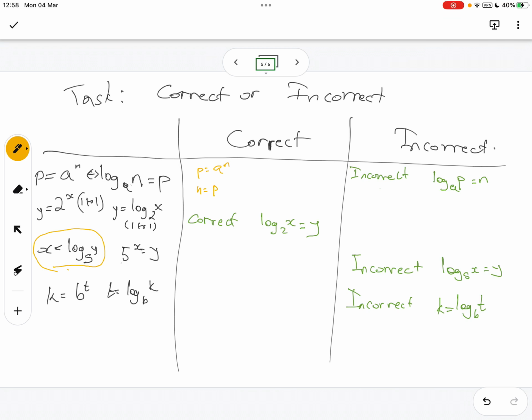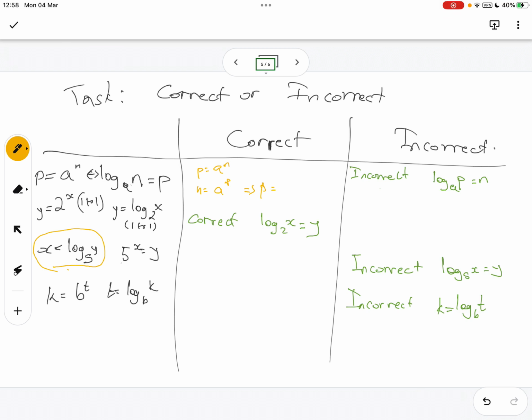It's p equals a to power n. Swap x and y, so n equals a to power p, correct?